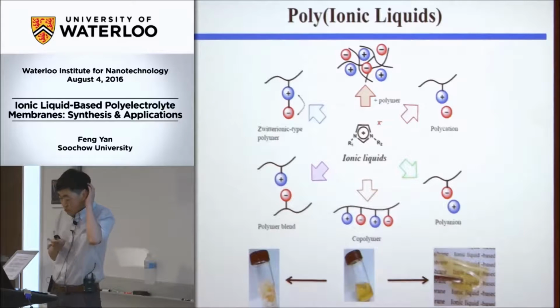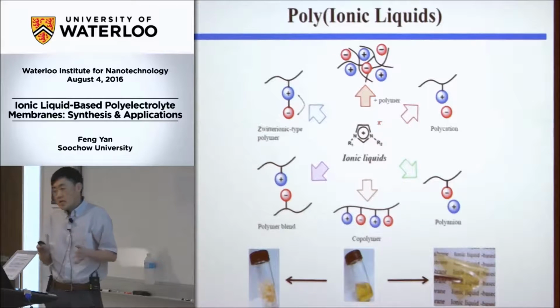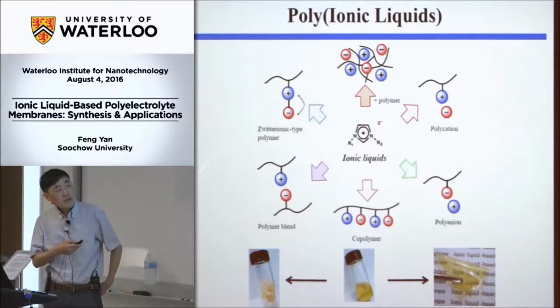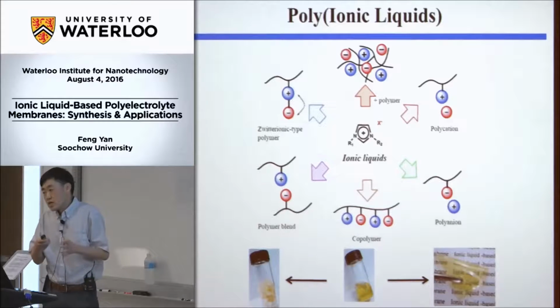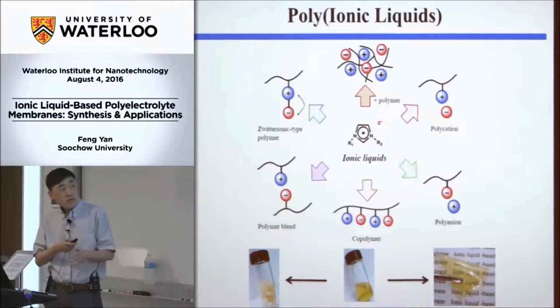What I want to talk about is the applications of ionic liquids in polymer science. From this picture you can see how to make an ionic liquid into a polyionic liquid. It's very simple.